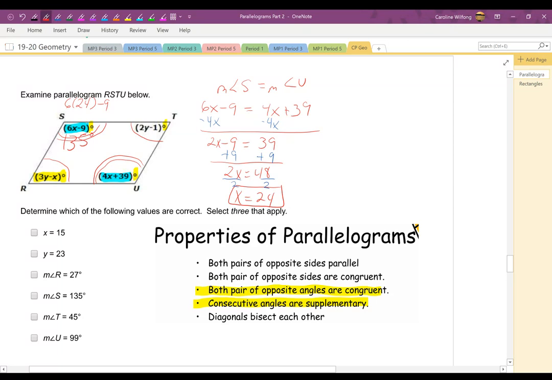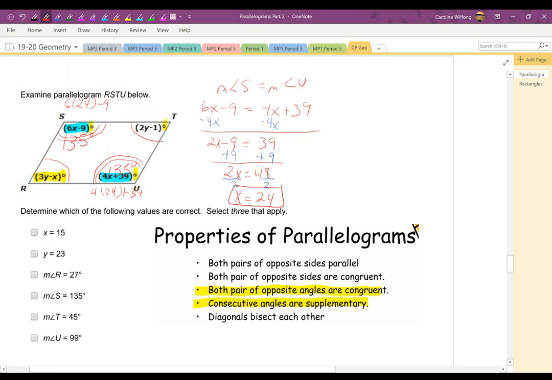I can write it right over top of my angle. And then just to double check and make sure that I did not make a mistake, 4 times 24 plus 39, that too is going to give me 135 degrees. So because both of those work out, I know that my answer for x of x equals 24 is correct.